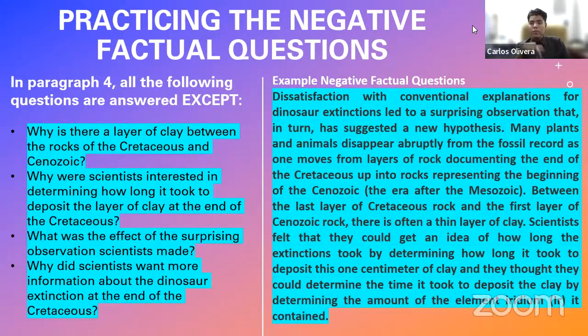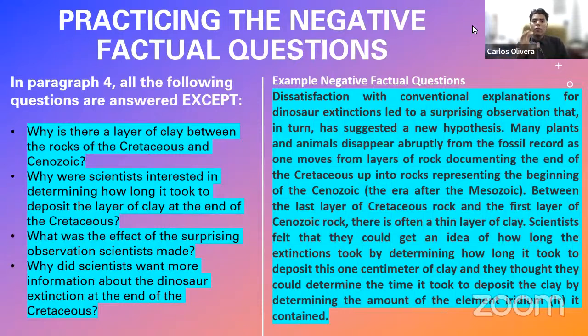Between the last layer of Cretaceous rock and the first layer of Cenozoic rock, there is often a thin layer of clay. Pay attention to that. Scientists felt that they could get an idea of how long the extinctions took by determining how long it took to deposit this 1 centimeter of clay, and they thought they could determine the time it took to deposit the clay by determining the amount of the element iridium it contained. So that would be the passage.